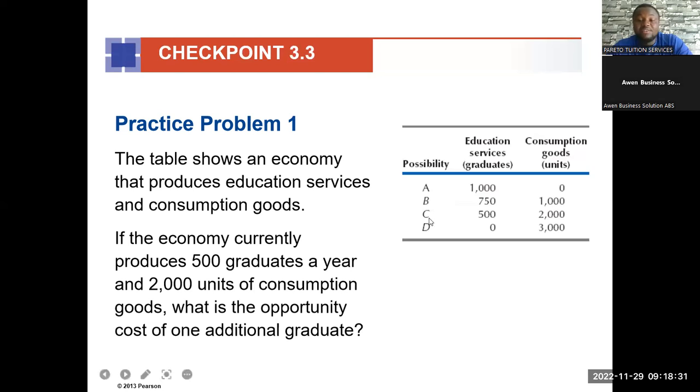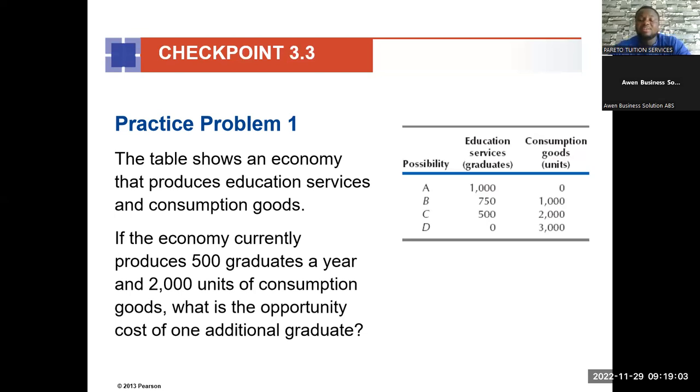But if the difference is not 1, then for you to get the opportunity cost of producing just 1, you have to divide by the change in the good that you are trying to increase as well. Here, moving from 500 to 750 is not just 1, but we can use the change here and the change there. We divide, then we're able to get it for just an additional one.